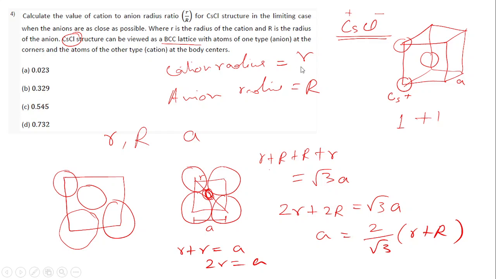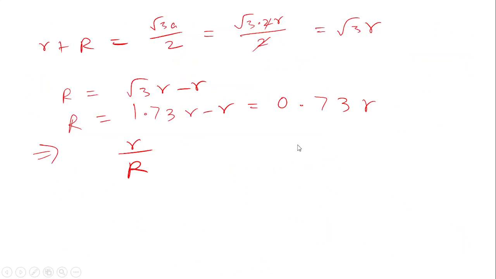Anion is capital R. So this would be the relation: a will be 2 times capital R. So small r will be equal to 0.73 times capital R. So small r by capital R will be 0.73.